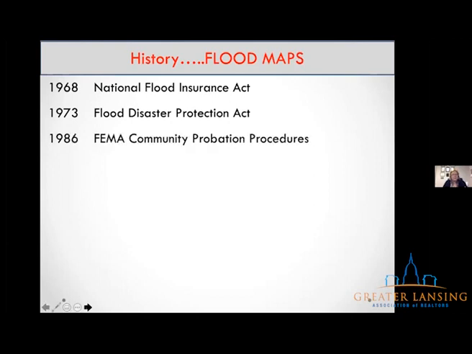We're talking about this. In 1986, the federal government passed this other law, and this was to force communities to force people to build high enough, okay, like along the Mississippi River. They wanted those people to start building houses high enough so they wouldn't get washed out in the event of a flood. Same thing here in Michigan.